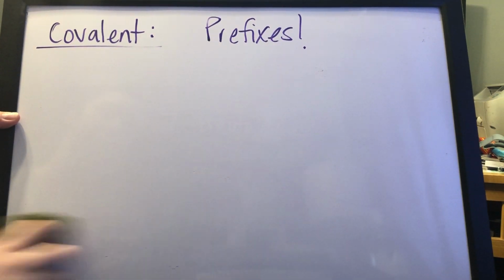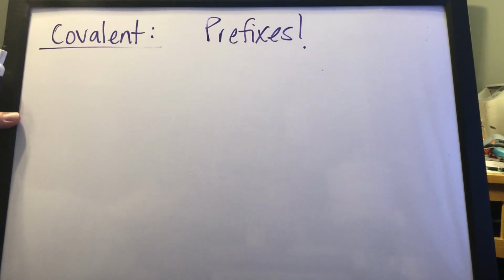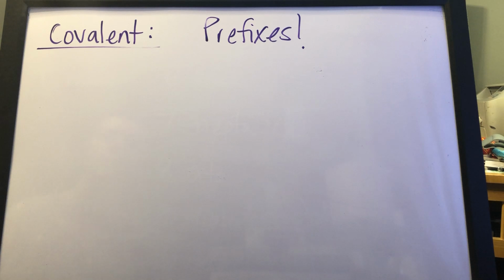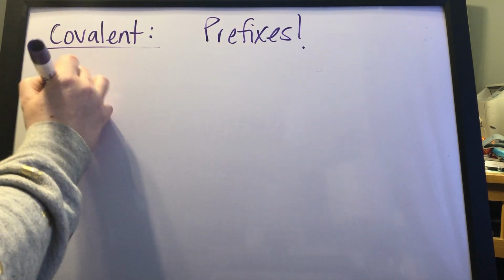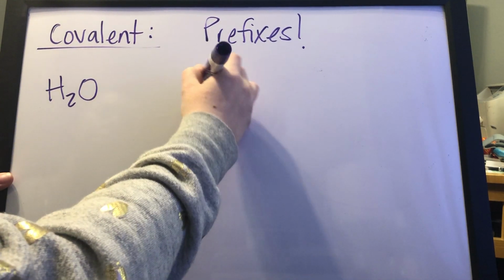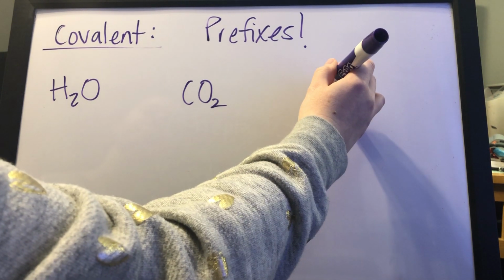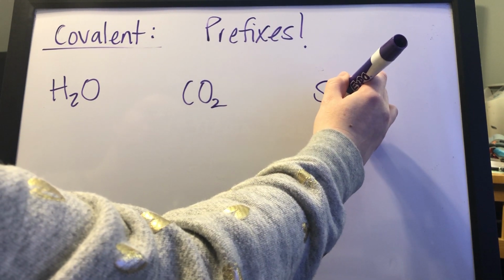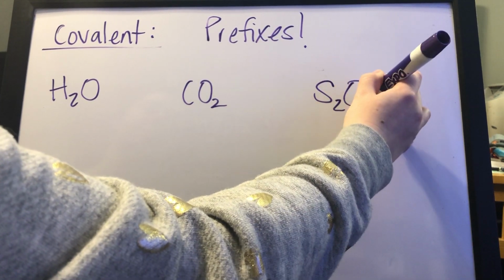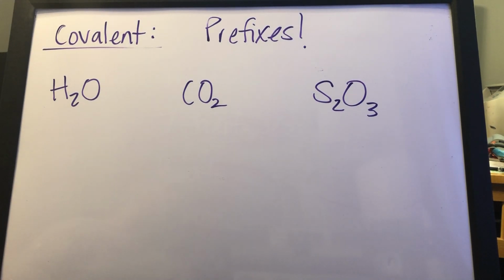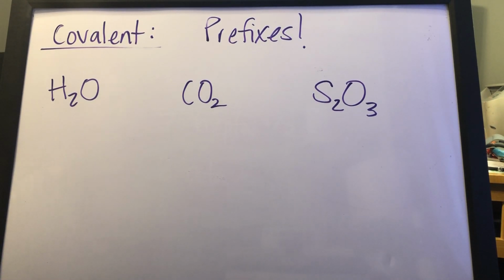So in covalent, we use prefixes. And the rules for naming go like this. I'll put a couple up here. All right, so covalent naming goes like this. You name the first atom as is, and you use a prefix in front of it if there are more than one atom.